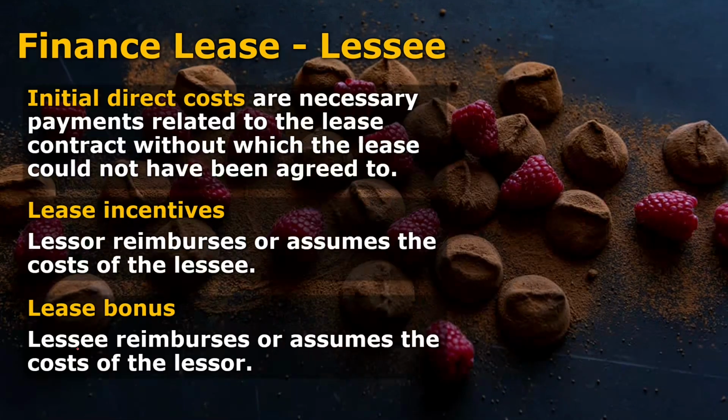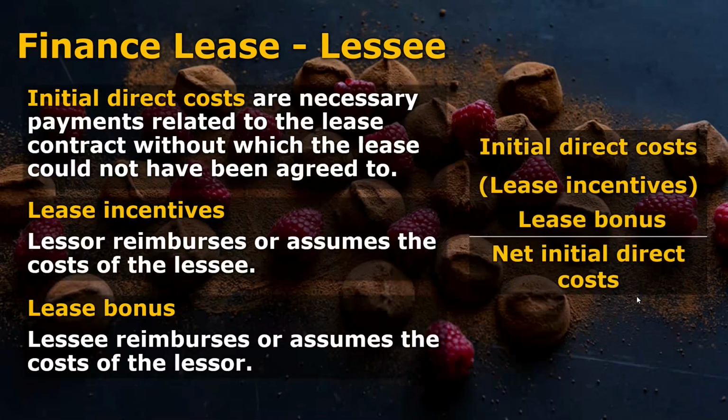Well, if all of these three are present in a problem, you just have to remember that they must be treated as follows. The initial direct costs minus lease incentives plus lease bonus is your net initial direct cost. That should be the one added to your ROA at face value. Okay? So that's initial direct cost.